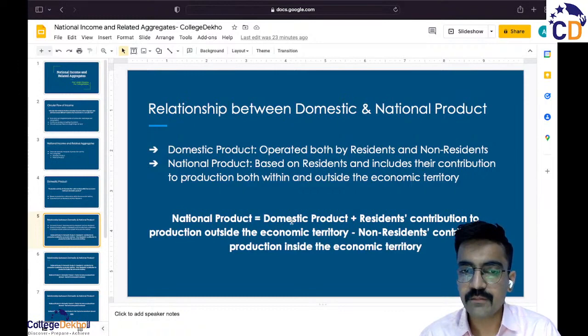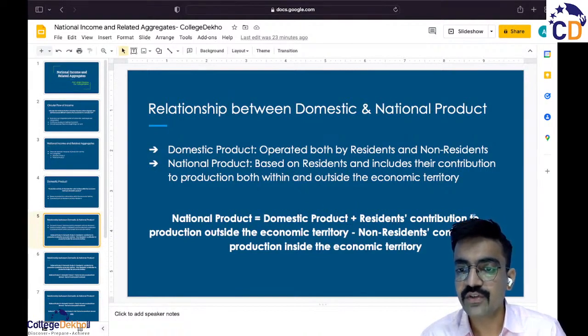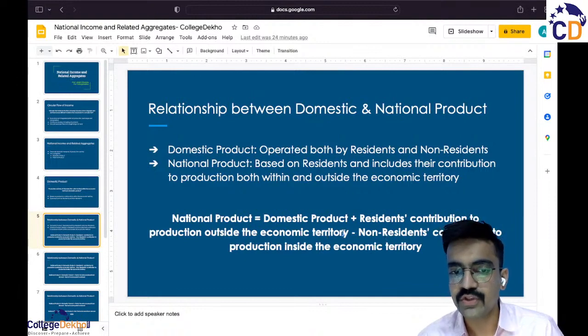Now, what is the formula to calculate national product? It is the domestic product plus residents' contribution to production outside the economic territory. As we looked here, the national product is based on residents and the value that they add even outside the economic territory. So this part is included in this second part, which is the domestic product plus residents' contribution to production outside the economic territory. Subtract non-residents' contribution to production inside the economic territory.